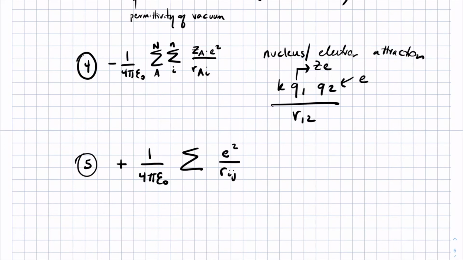We're just going to call those i and j. And we're going to sum this over all possible combinations of two electrons in our molecule, but we won't count it twice. And this is electron-electron repulsion.